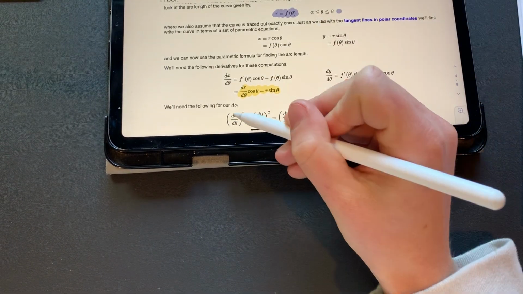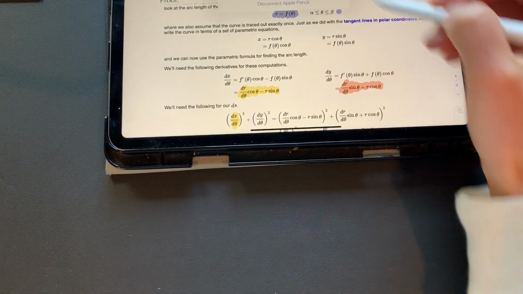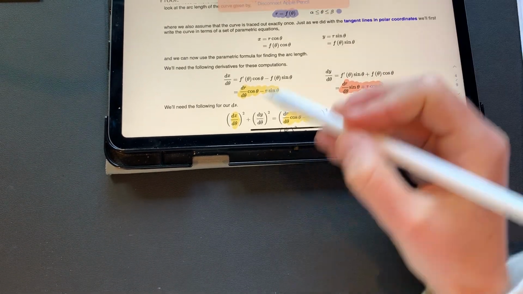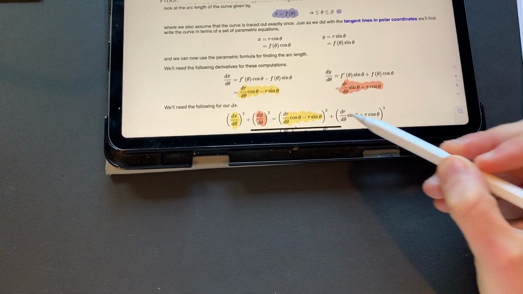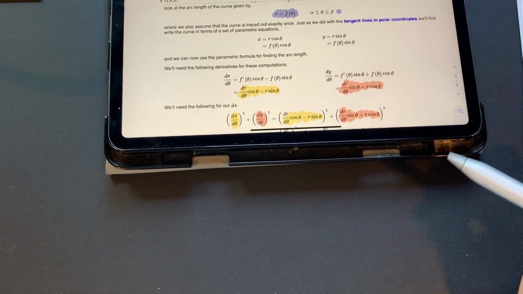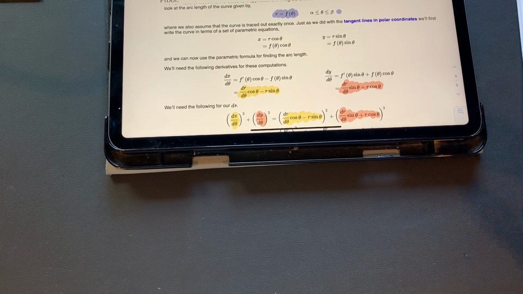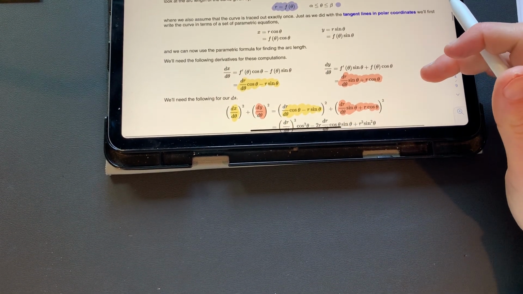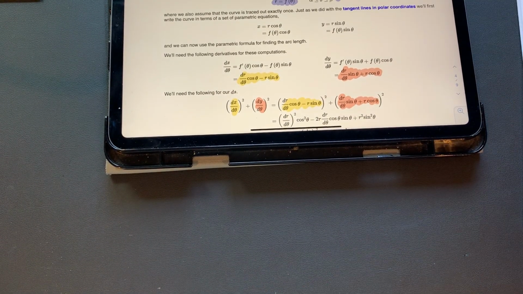So we're starting with, here is dx d theta. We're going to take the whole thing and we're going to square it. And then we're going to take dy d theta. We got that, and we're going to take the whole thing and we're going to square it. And we're going to do a little bit of algebra. And that takes us to our next line of dr d theta squared times cosine squared theta minus 2r dr d theta cosine theta times sine theta plus r squared sine squared theta.